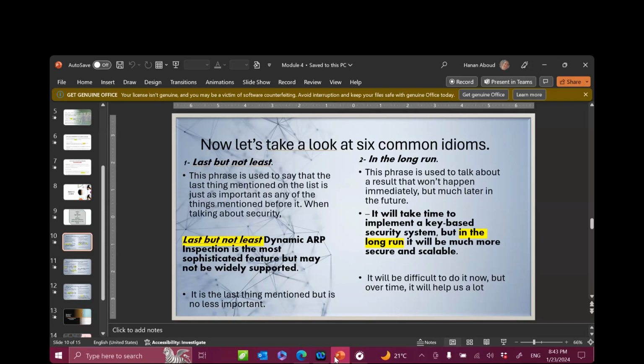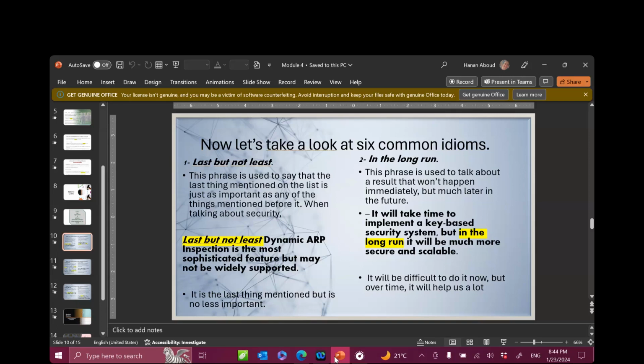Okay, we know how we express it: if you have a list of something and you mention the last one, but it is not less important than the others. Let's take an example: last but not least, the dynamic APR inspection is the most sophisticated feature but may not be widely supported.